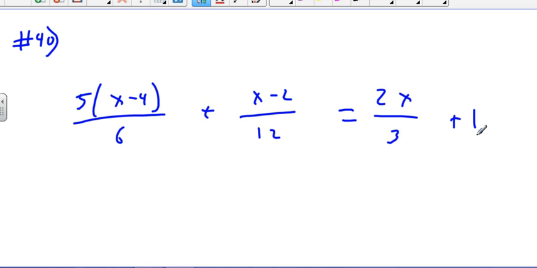And I say, well, you know, I don't like those fractions, so I'm going to get rid of them. I'm going to multiply both sides of the equation by the common denominator, which is 12.